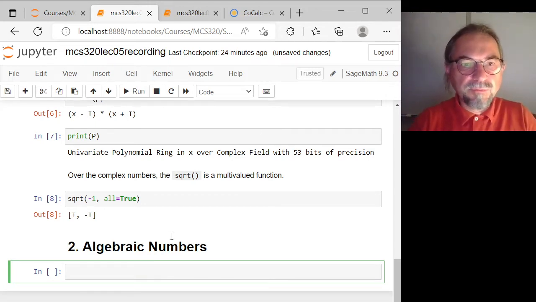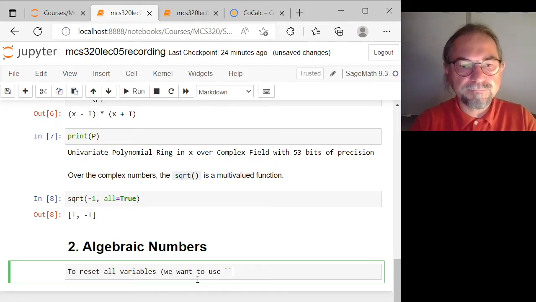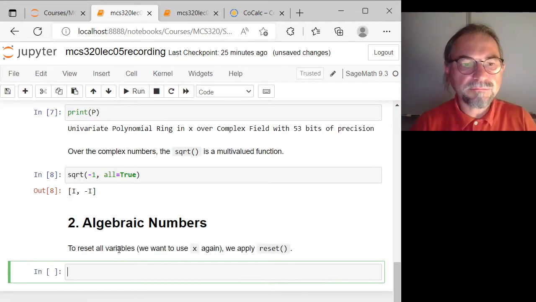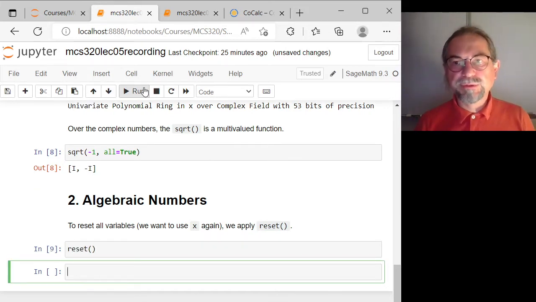So often we are reusing symbols in another context. So to reset all the variables, so I probably want to use x again. We apply the reset. So reset makes that now I can work with polynomials over the rational numbers and still use x again.